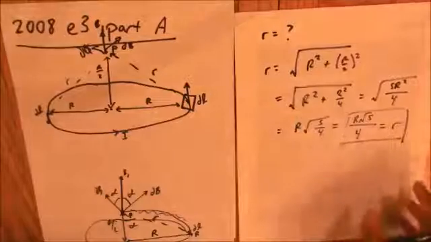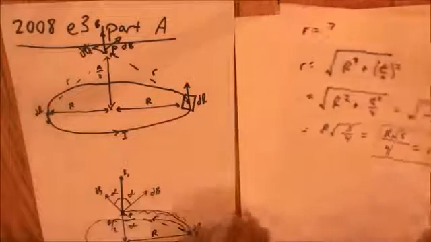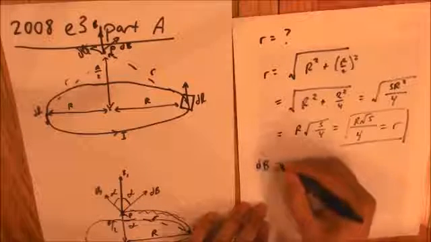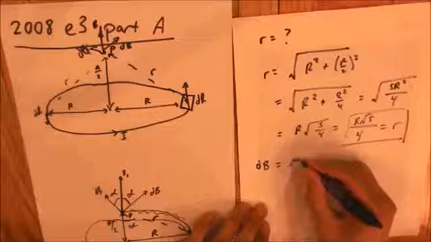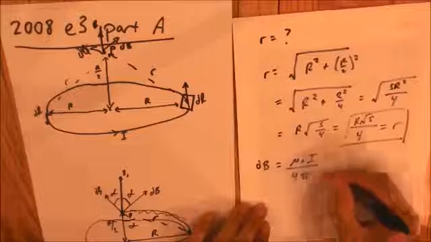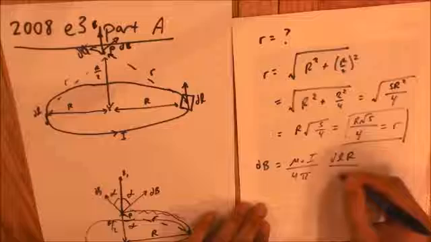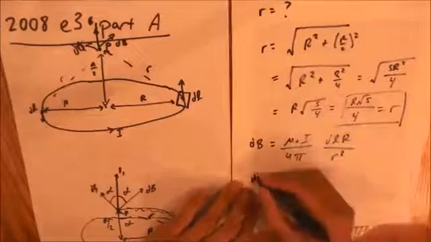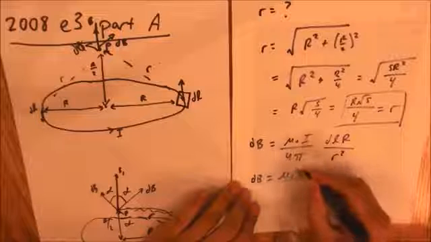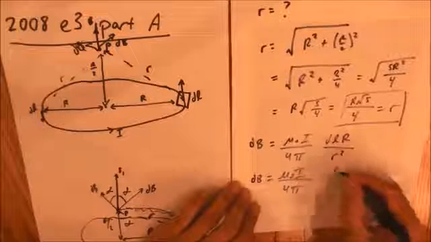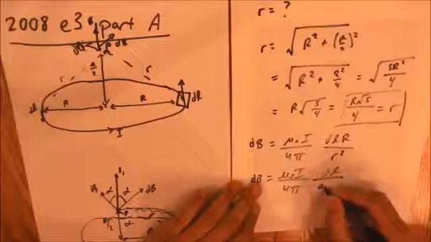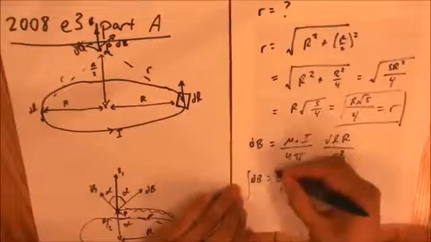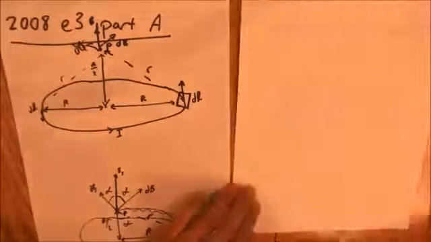Okay, so now that we found this r value, we can go back to the equation. dB equals what we found, mu naught I over 4 pi dl r over r cubed. And then we can plug in r. So we're going to say dB is equal to mu naught I over 4 pi dl over R root 5 over 4 cubed. And then we're going to integrate both sides, so we can find this B1 value.